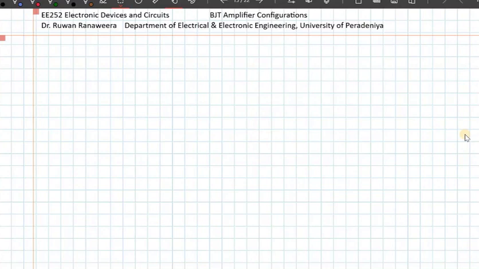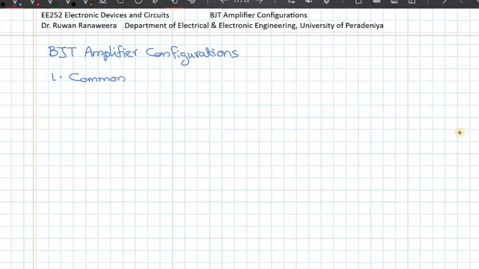All right, so let's have a look at different amplifier configurations. We have BJT configurations. One, we have common emitter circuits.